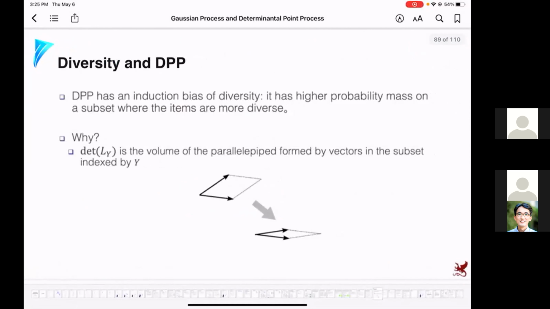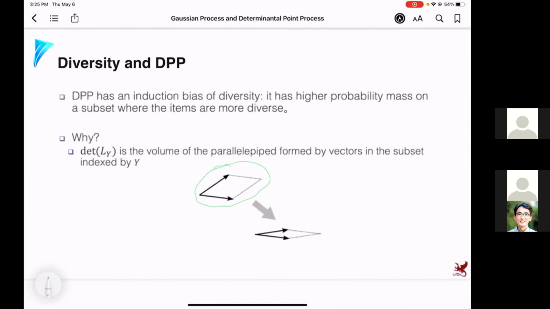What is it saying? The determinant of this subset actually tells you the volume of the parallelepiped, a very long word, but basically this geometry. It tells you the volume of this geometry formed by the vectors inside your subset.